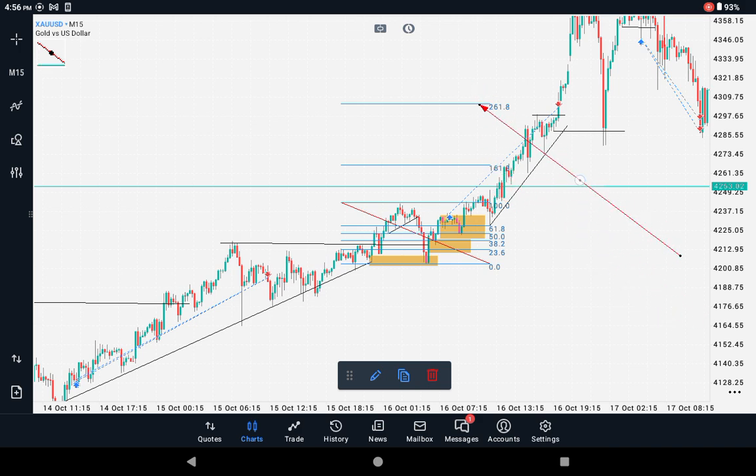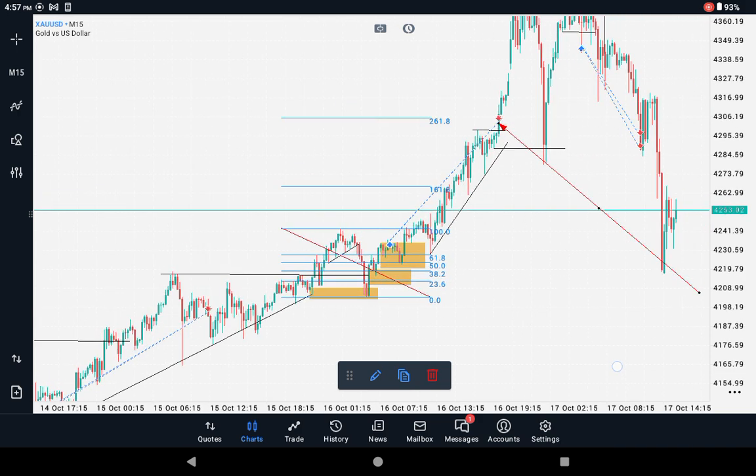So I checked the 2618. This is where I put my TP. I think I made 1 to 2 plus on each of the positions I took. I took 2 positions. The market rallied from here till this level, and as you can see, my TP was hit here. So that is the trade.